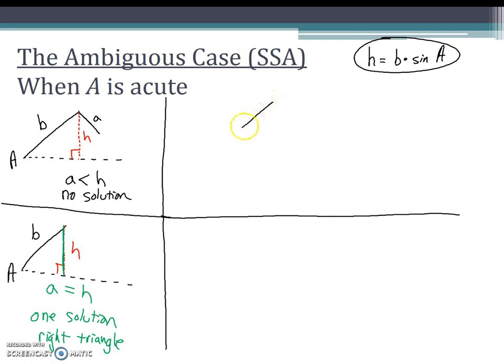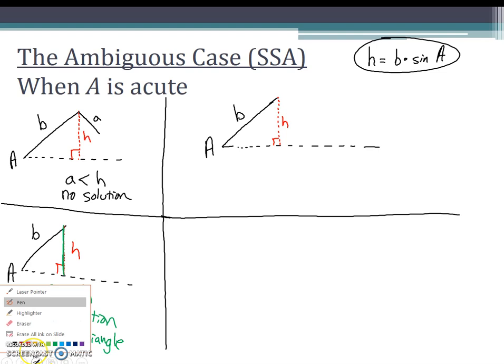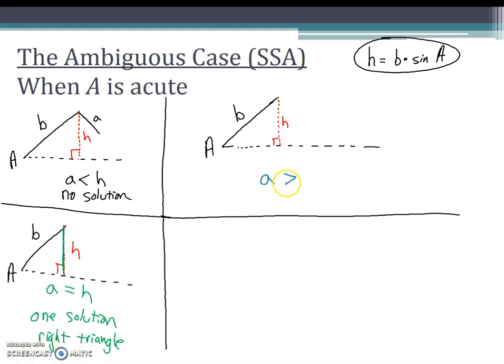Let's take a look at another case. Start with our same acute angle A, adjacent little b, and our h. Now, one of the other options is for a to be longer than b.